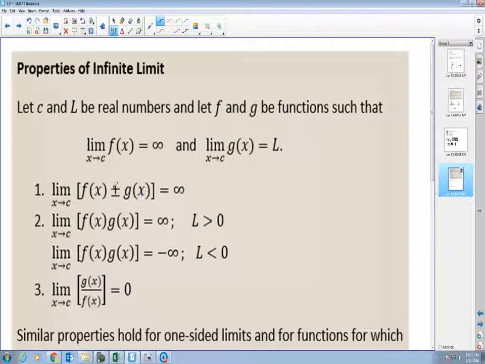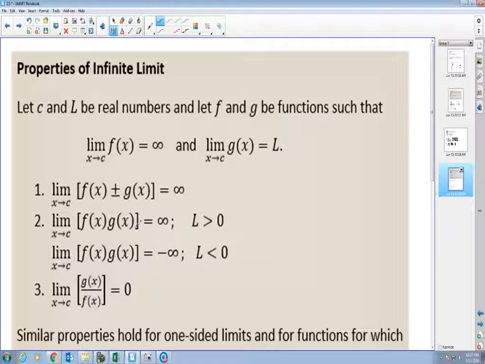If I were to add and subtract the two functions, one of them has a limit that's infinity. The other one is a particular number. So if you think infinity plus a number, that's got to still be infinity. So the sum and difference of these two functions will be infinity, because one of my functions already has a limit as x approaching to c that is infinity.